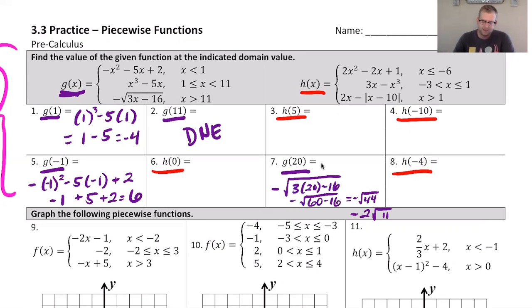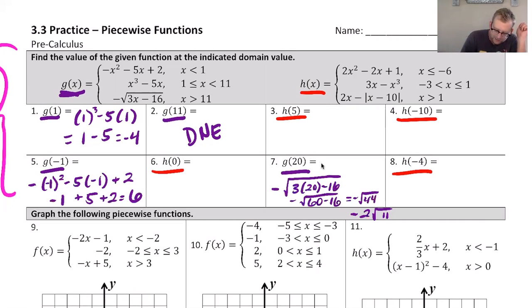All right, let's go to h. h of 5. So where does 5 fit in? Looks like it fits into that last equation. Well, not a linear combination, I apologize. We have a linear term and we also have an absolute value term. So it's gonna fit into there because 5 is greater than 1.